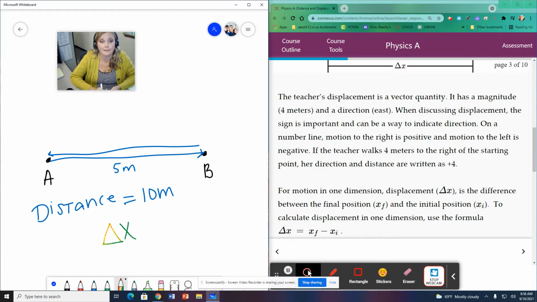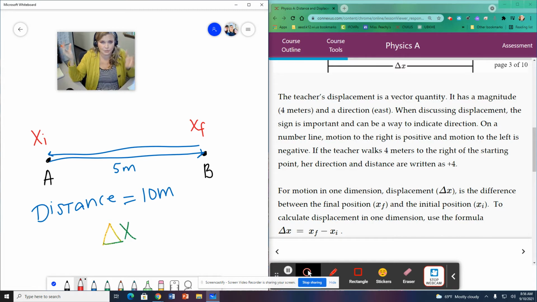If we were moving vertically, we would call it y, because we'll use the Cartesian coordinate system you're familiar with, the xy coordinate system. So we have our difference in position. We call our initial position over here at A x sub i, which stands for initial position, and we call this x sub f, which is final position.